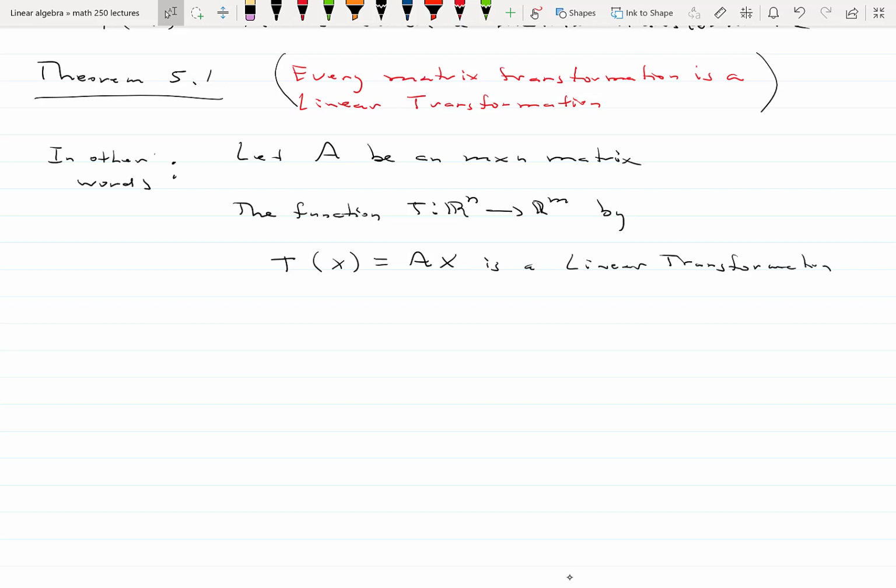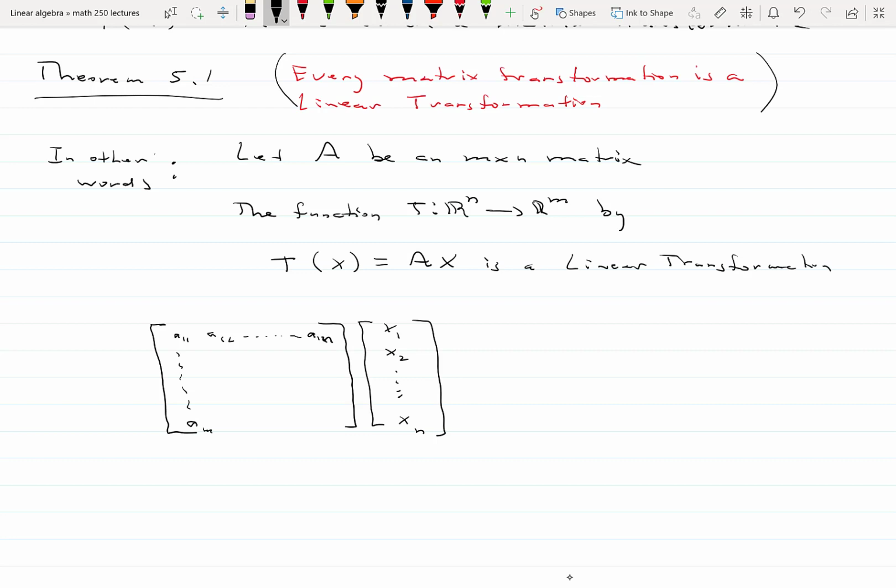if you pick something out of Rn, it will look like x1, x2, all the way up to xn. And if you multiply on the left by A, which is a11, a12, all the way up to a1n, through am1, all the way up to amn.